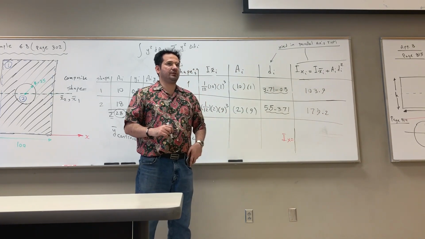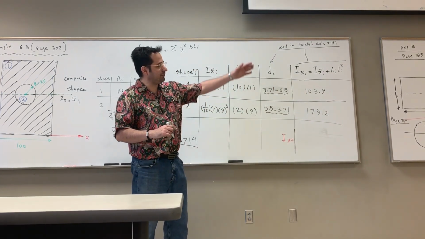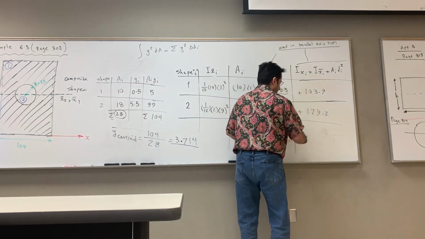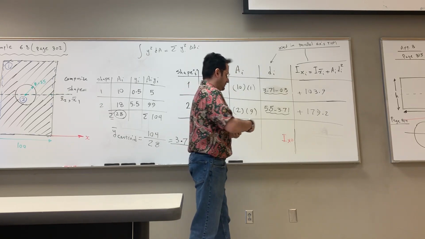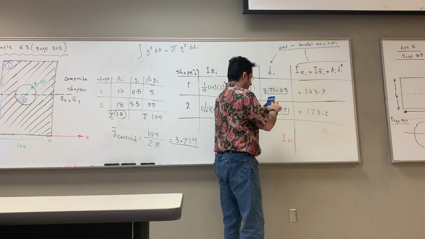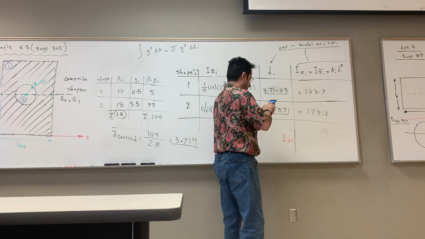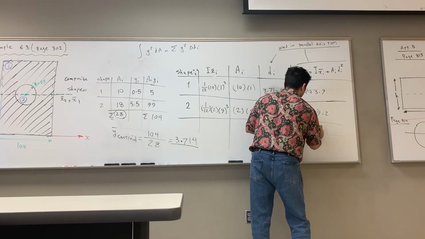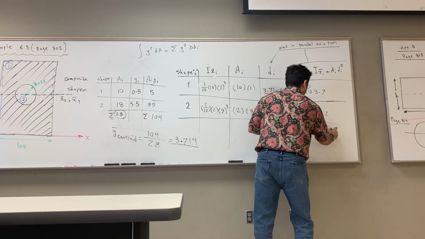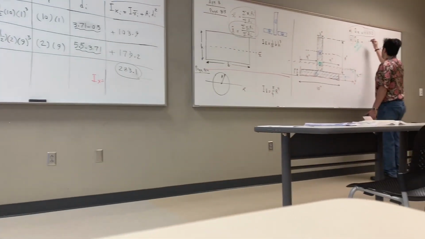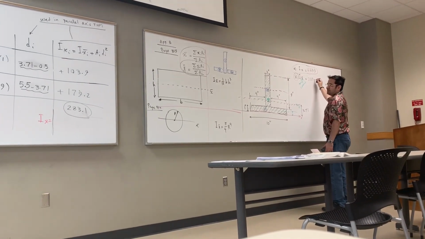Again, it's time to check which one is negative, which one is hole. Well, we don't have a hole. Both of them are real and positive, right? Now add them together. Then you get 280-something, 283. So the part B answer right here is going to be 283.1.